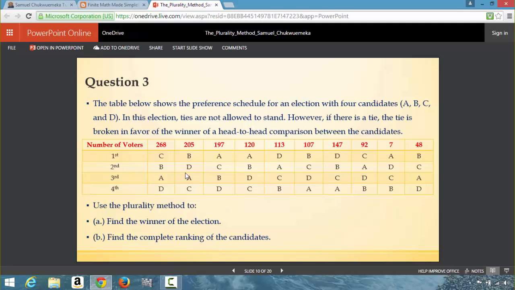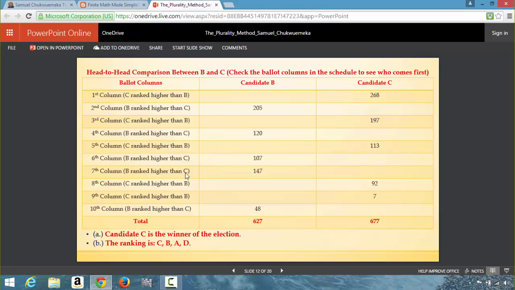So when you keep doing that and add up all the votes, you will see that candidate C has 677 votes, and candidate B has 627 votes. Yay! Candidate C is the winner.